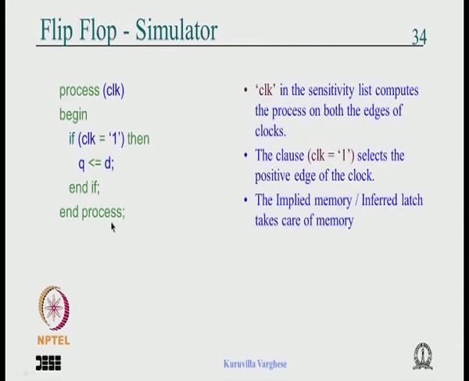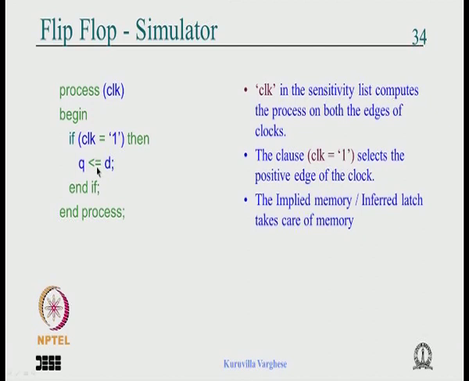That is how it is written, and I will show the code. So this is the code which says process clock. So whenever there is an event on the clock, this process will be computed. You say begin, if clock is equal to 1. So this should be combined with the event on the clock. There is an event on the clock and clock is 1, it's a positive edge.